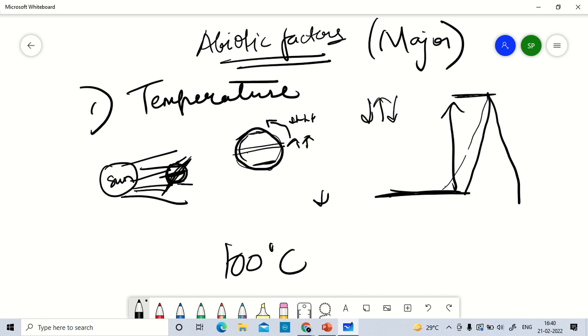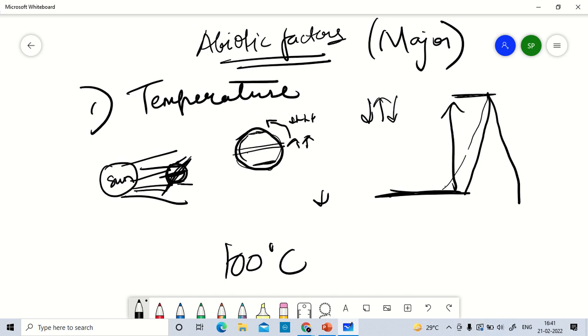So when I say archaebacteria can survive in very high temperatures, they have certain enzymes. In cell wall formation, their cell wall is constituted of such proteins which prevent them from getting destroyed in extreme temperatures.